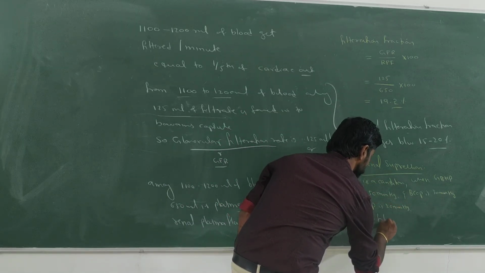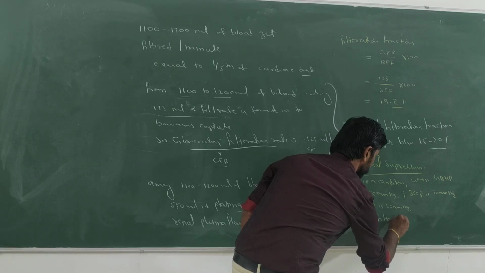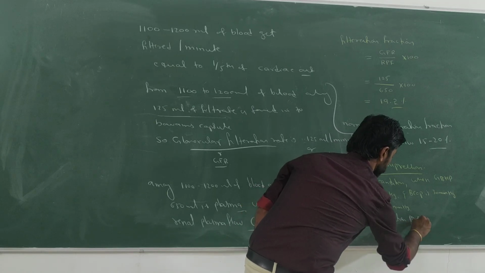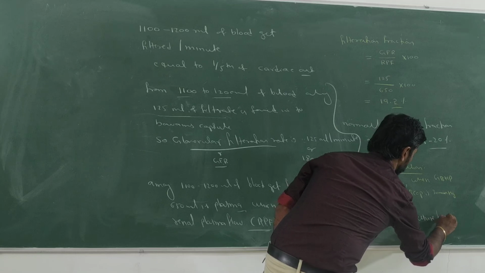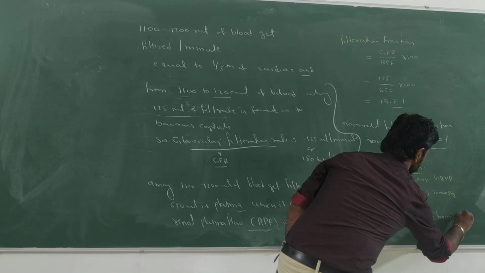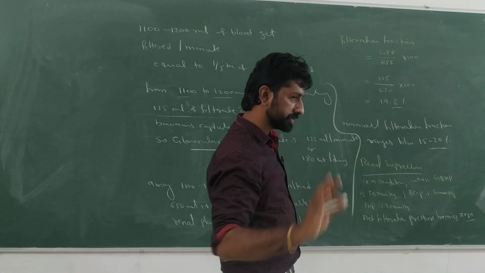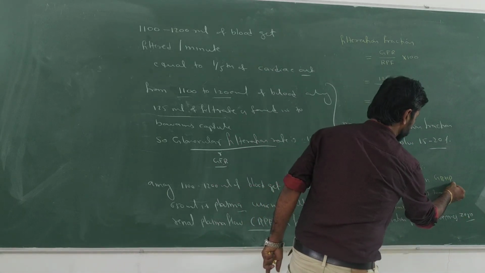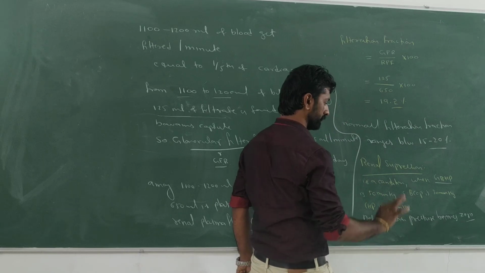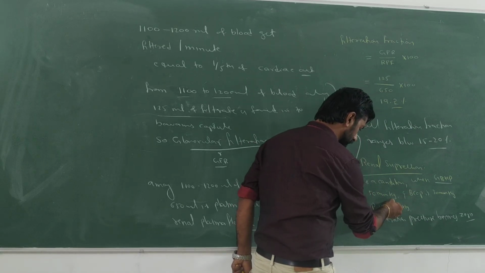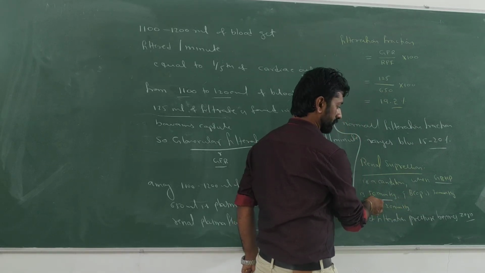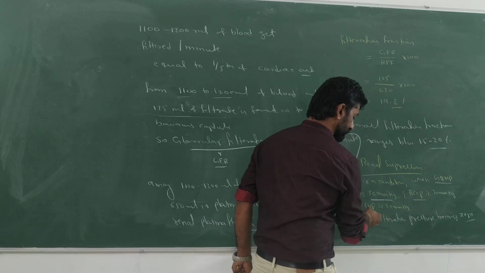Why does it become 0? Net filtration pressure is calculated as glomerular blood hydrostatic pressure subtracted by the sum of BCOP and CHP.